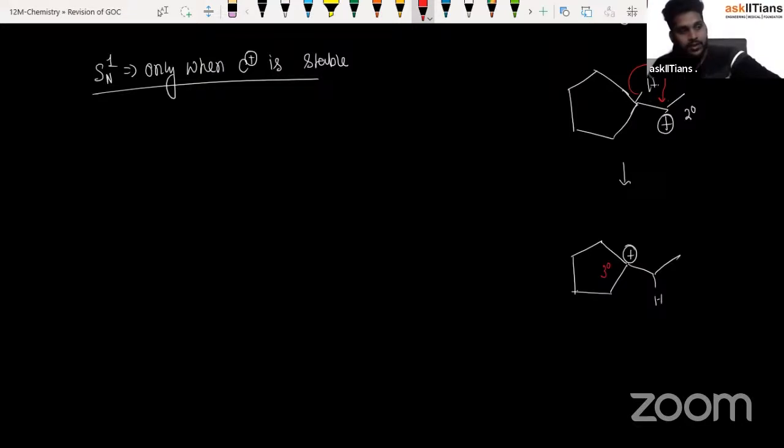Is that clear? So if I make a hydride shift, first write it down. It will make a 3 degree carbocation, which is supposed to be more stable, isn't it? Exactly. So it's supposed to be more stable. But it's not more stable, although it's a 3 degree carbocation.